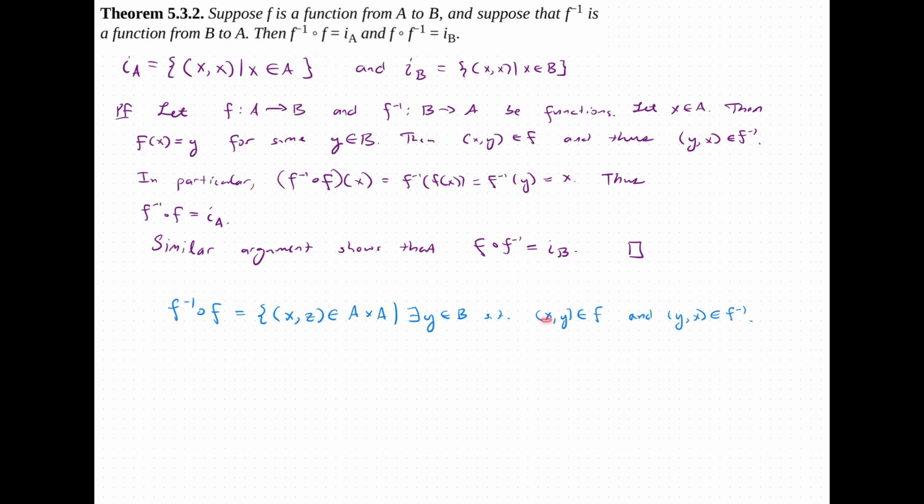But since each input has a unique output y, when f is a function, that forces there to be exactly one choice of y. And so in this case, we're going to have exactly x comma x. And so that finishes it off for Theorem 5.3.2.